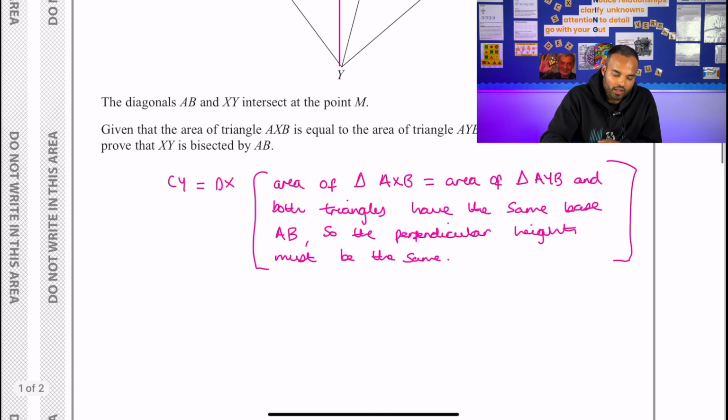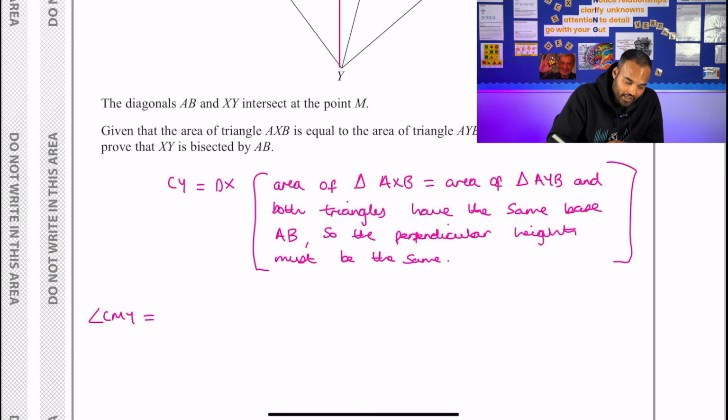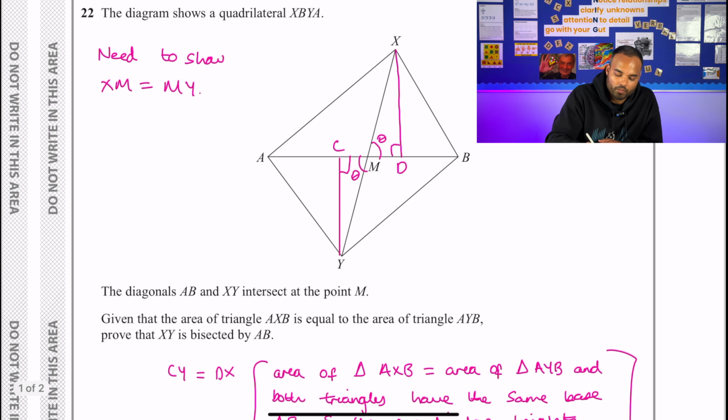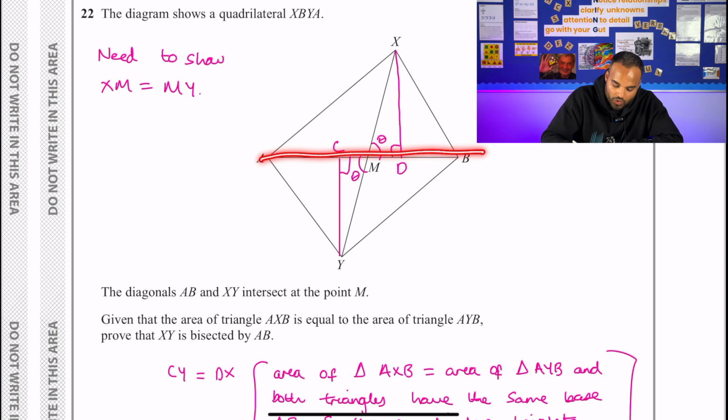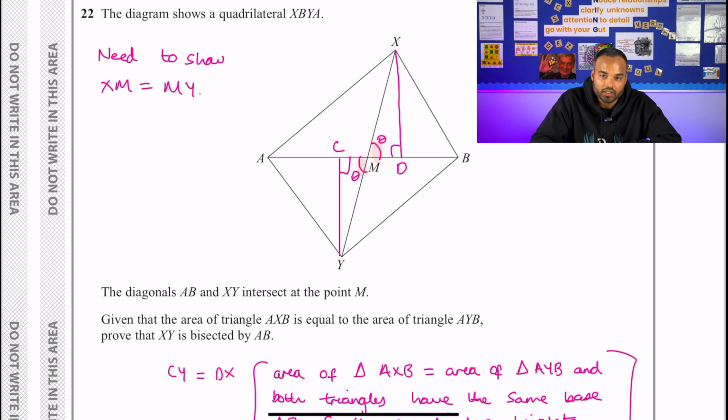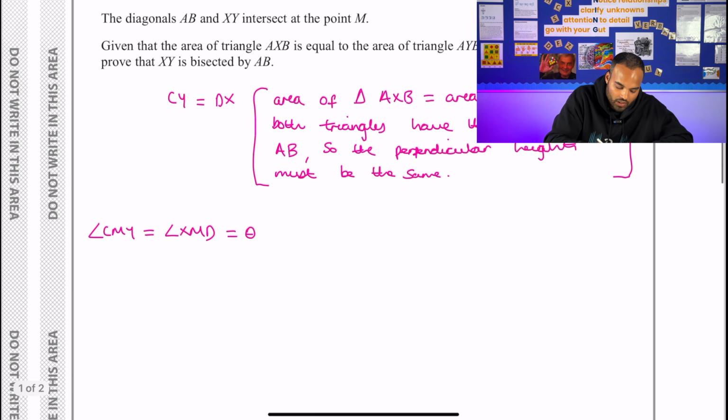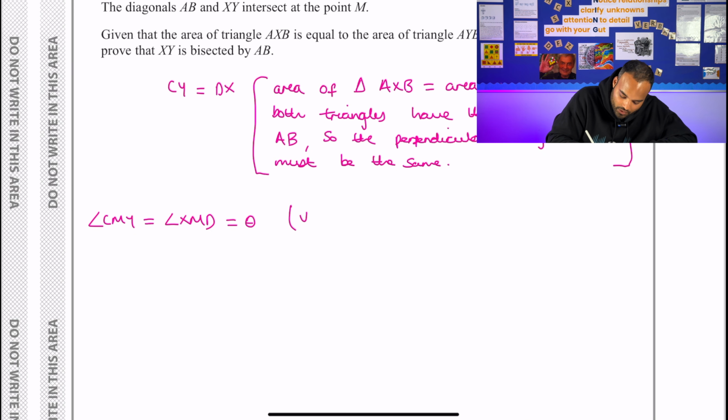So in other words, they are both equal. Angle CMY is equal to angle XMD. Why are they both equal? Because they're vertically opposite angles. We have two intersecting lines over here, so this angle must be the same as this angle. Again, make sure you put that reason down: vertically opposite angles are equal.